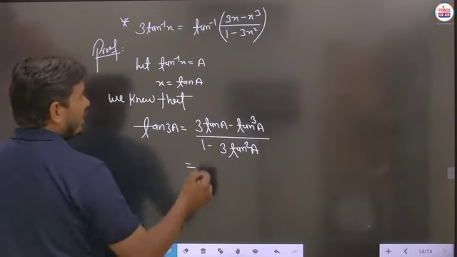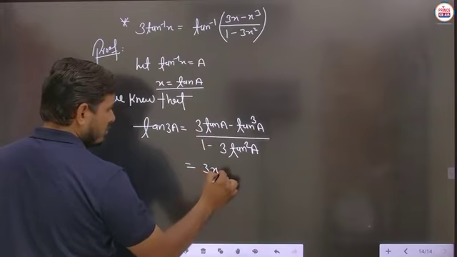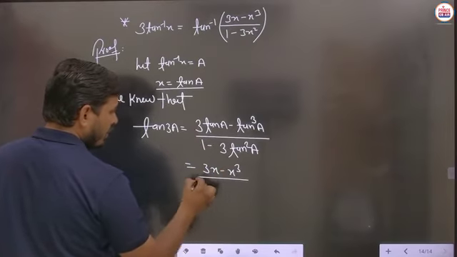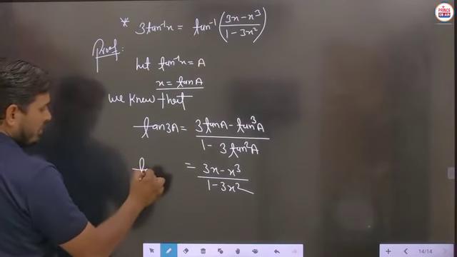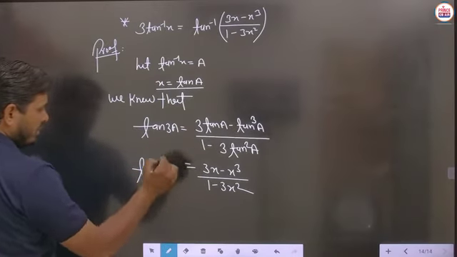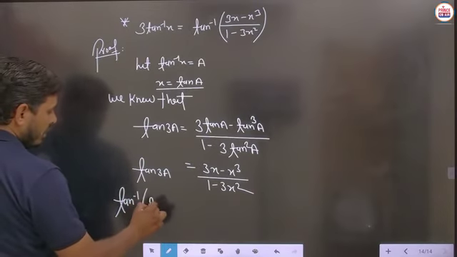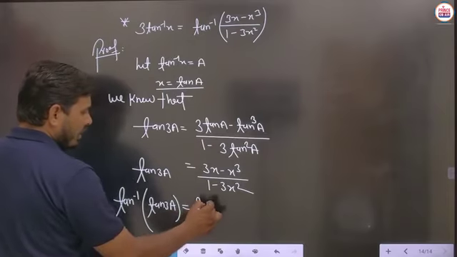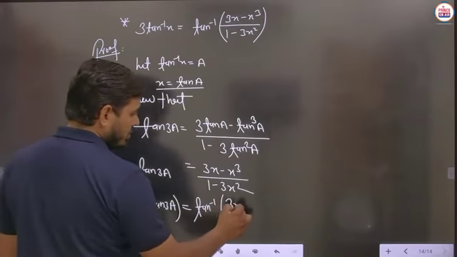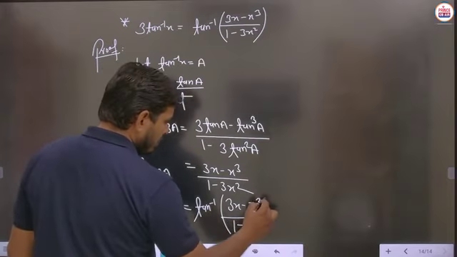So here tan a is x. So this is 3x minus x cube divided by 1 minus 3x square, and this will be the required result of tan 3a. But after taking the inverse of tan 3a, here you will write tan inverse of 3x minus x cube divided by 1 minus 3x square.